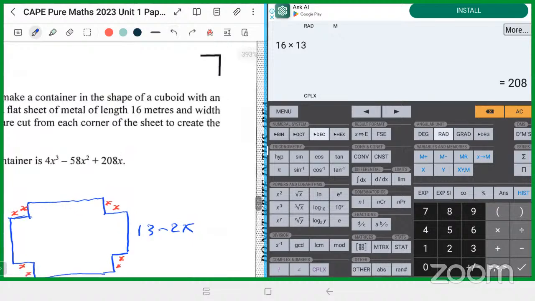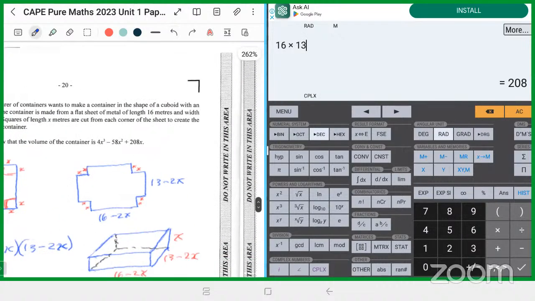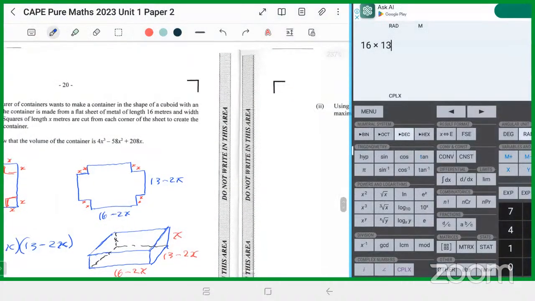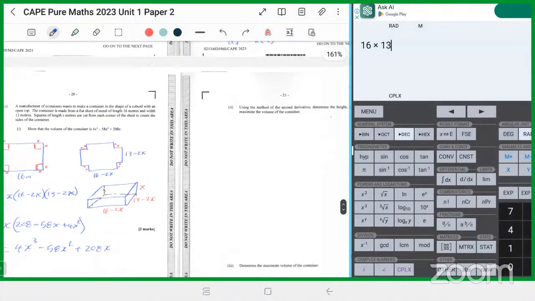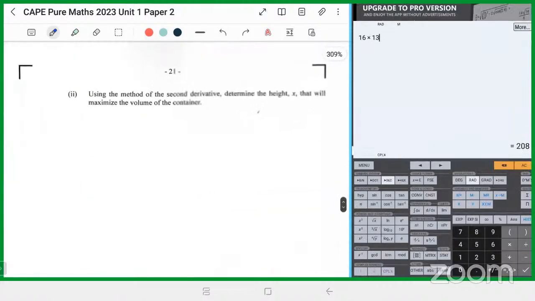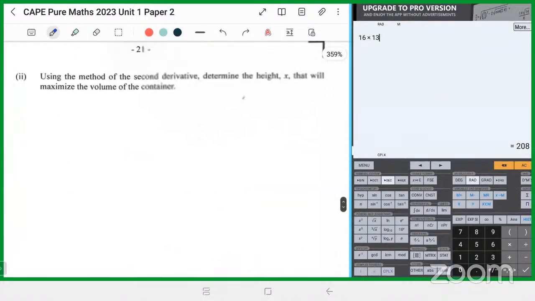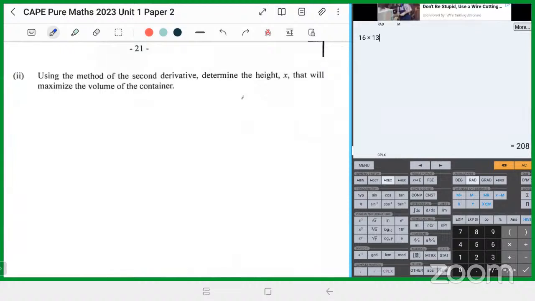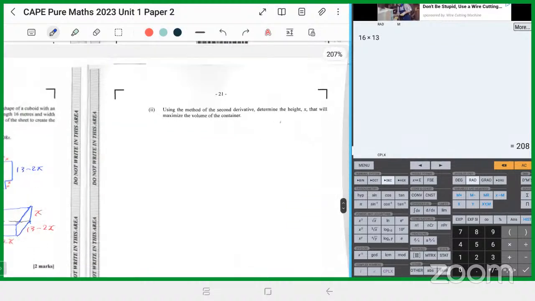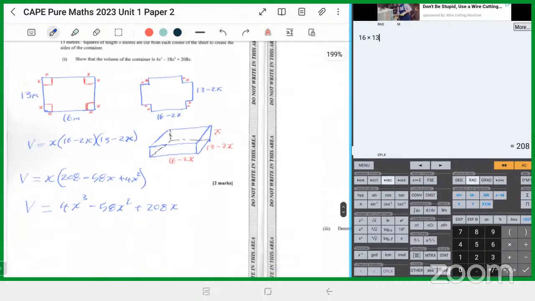All right. Now the next part of it over here, what does it say? It says using the method of second derivative, determine the height x that will maximize the volume. So we have to differentiate the volume, because the volume is maximum when dV by dx equals 0.